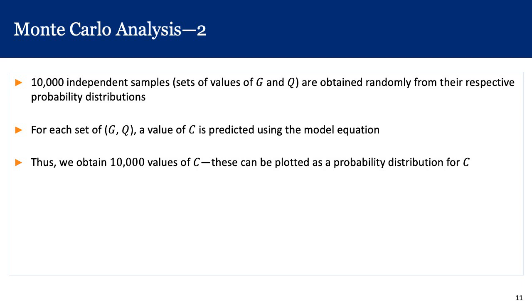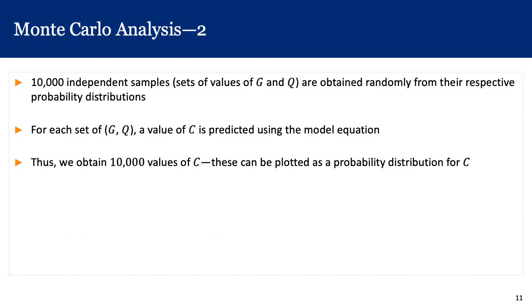And what we now do is we obtain 10,000 independent samples obtained randomly from their respective probability distributions. So, for example, we would go to the distribution of G and randomly obtain one value of generation rate. And we'll go to the distribution for Q and obtain one random value from the distribution of Q. And we'd use the model, divide G by Q, and obtain one value of C. And then we do it a second time where we again get another random value of G and Q, divide one by the other, and get a different value of concentration.